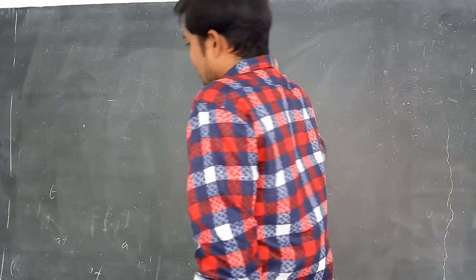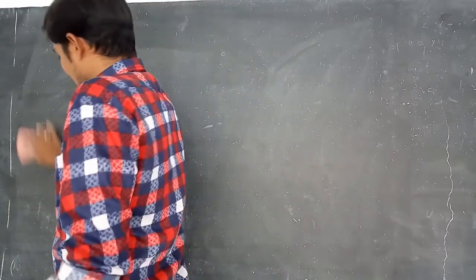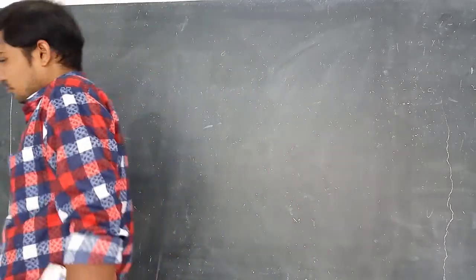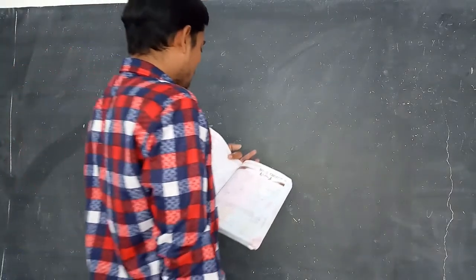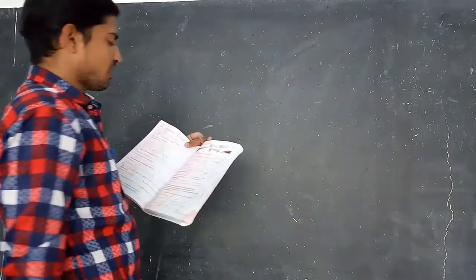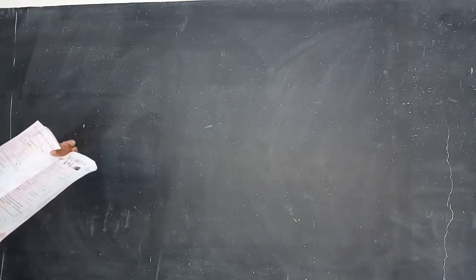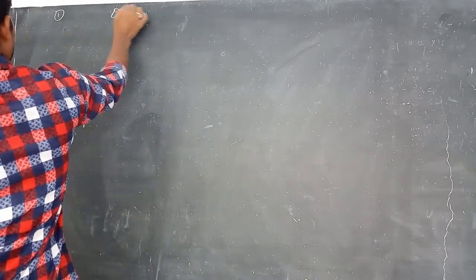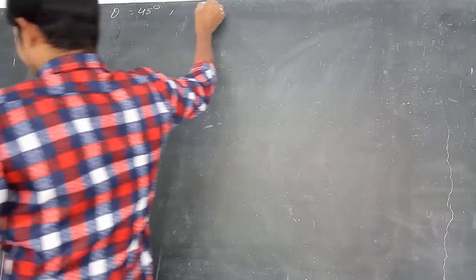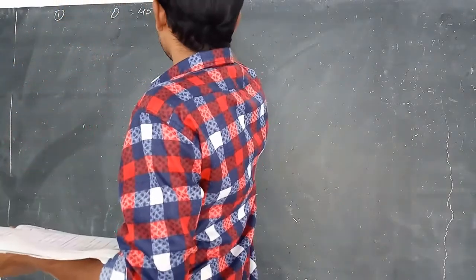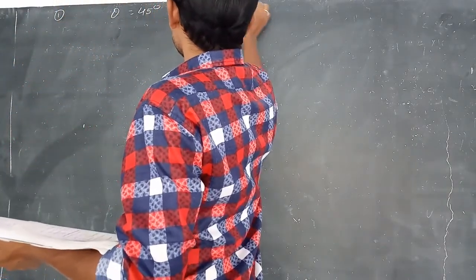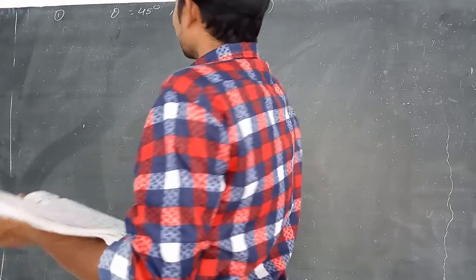Let us solve the problems using this formula. Equation of a line which makes 45 degrees with x-axis and passing through 1 comma 0. Very first one, angle theta has been given here, theta equal to 45 degrees, and the point is 1 comma 0.